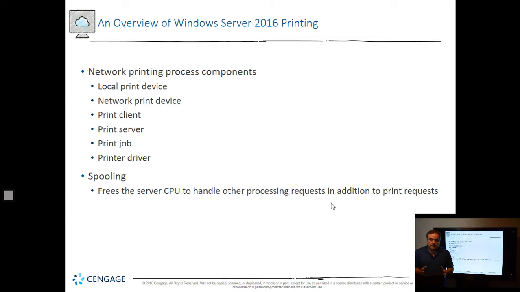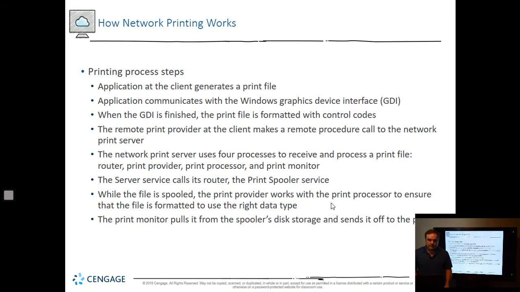So let's talk about the printing process. Network printing components include the local print device, network print device, client, server, job, and driver. So a lot of things to be considering when you're setting up your Windows network printing. There's a lot of different steps involved in printing. The first one is the application that the client generates a print file.